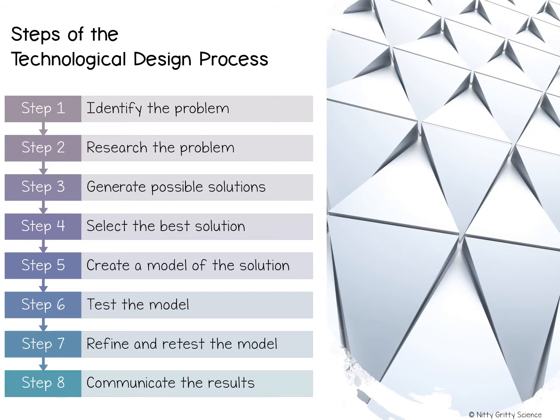And then we retest the model until we get to a point that we feel the model has fixed that problem or helped with the solution. When we're done, then we communicate the results and either share that, yes, this model was successful for this problem, or this model was not successful, and then give evidence to support our results.